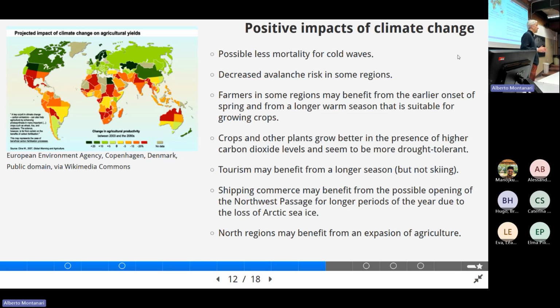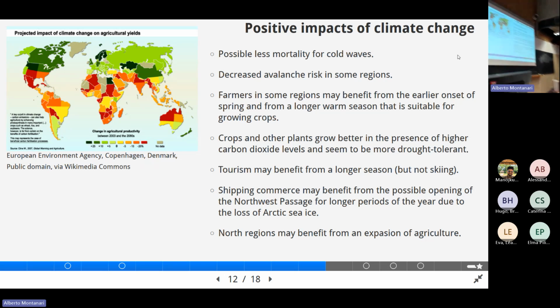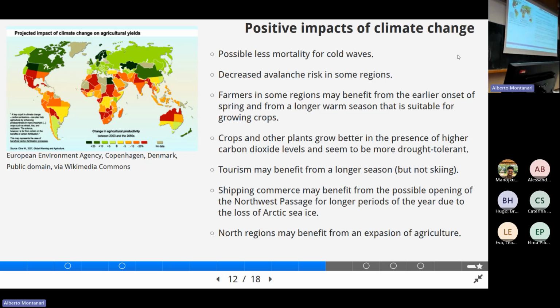And then we talked about the problems associated with climate change. We talked about floods, droughts, we talked about hurricanes, and I think the list is complete. Now we started also talking about the benefits, and we already discussed this slide.